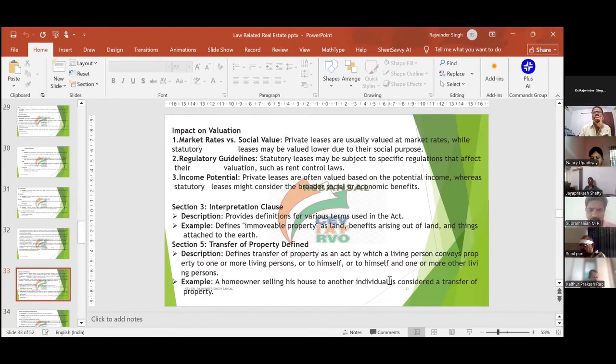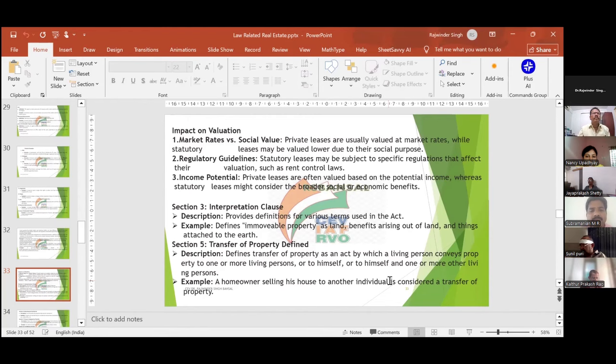Then regulatory guidance. Statutory leases may be subject to specific regulations that affect their valuation, such as rent control laws. Then income potential. In case of private leases, they are often valued based upon potential income, whereas statutory leases might be considered for broader social or economic benefits. Then in your syllabus, you have to learn certain sections.